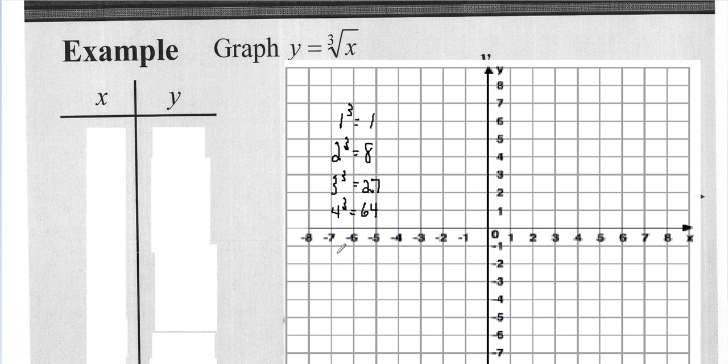And let's do one more. 5 to the third power, which is 125. So when we're graphing this, notice I'm taking the small numbers, and 0. 0 to the third power is 0.